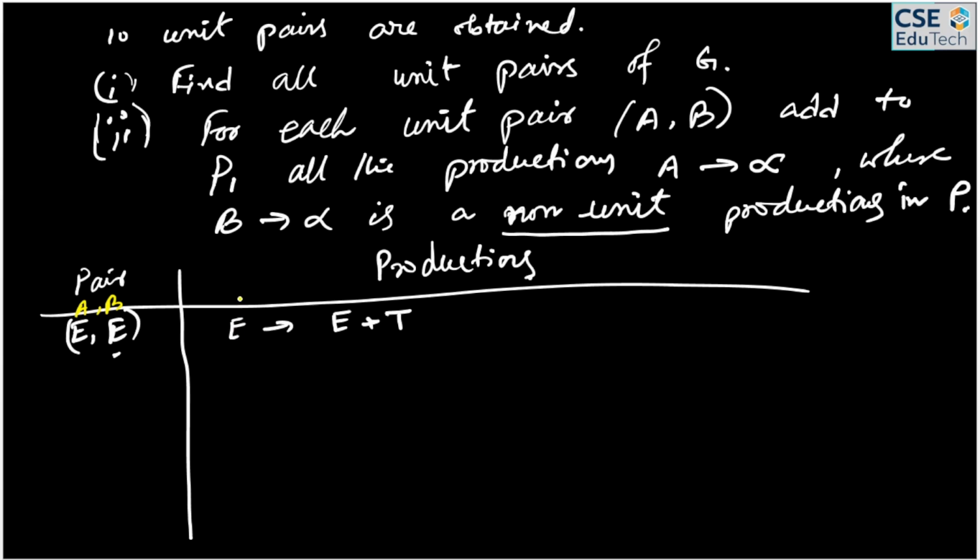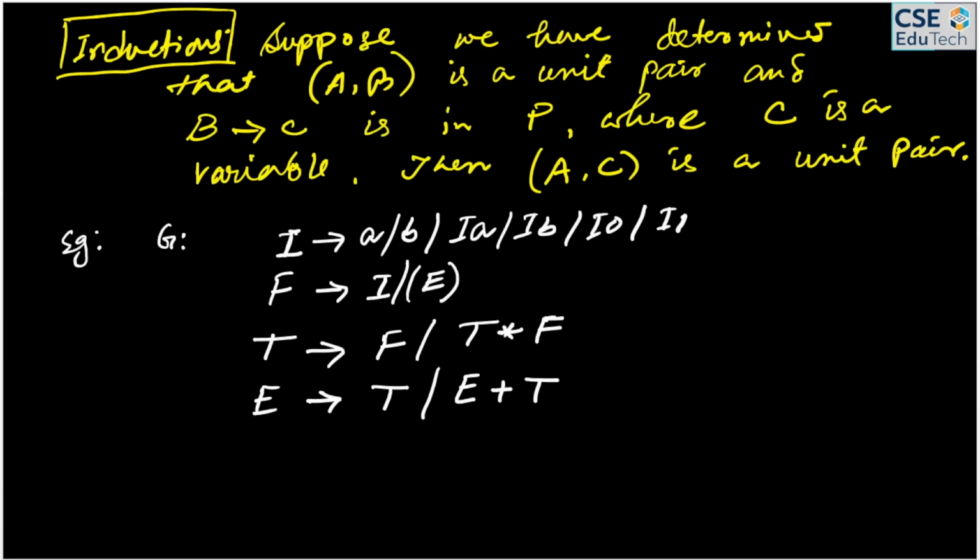So here A is E to alpha, where A to alpha, where B to alpha. So for this E, we have to find whether there are any non-unit productions from this E, and we have seen that E to E plus T is a non-unit production.